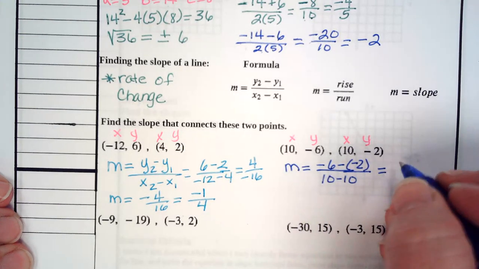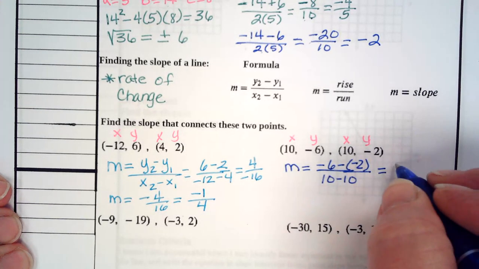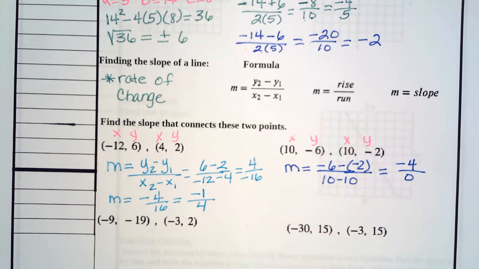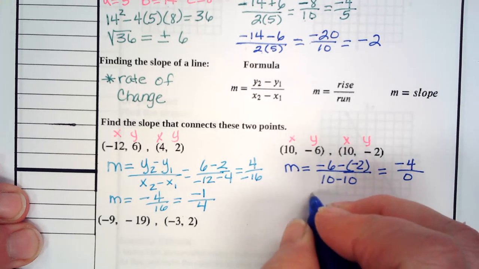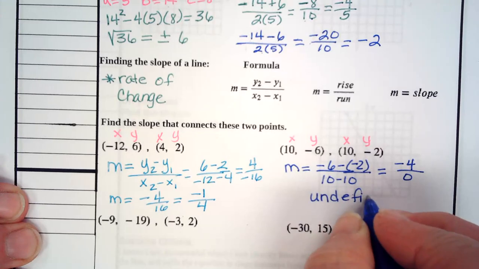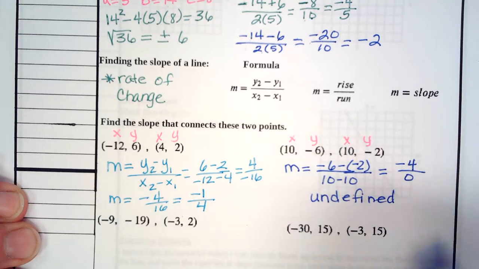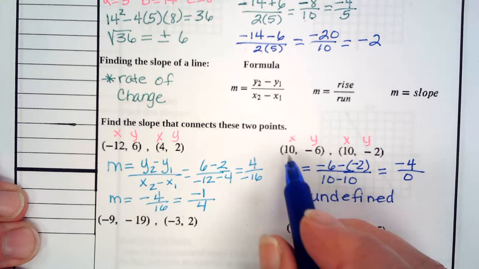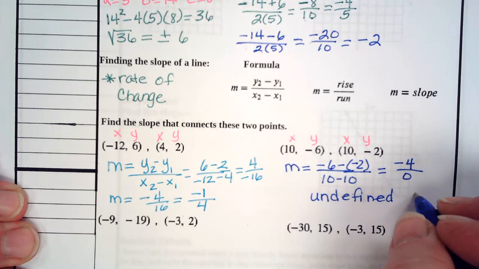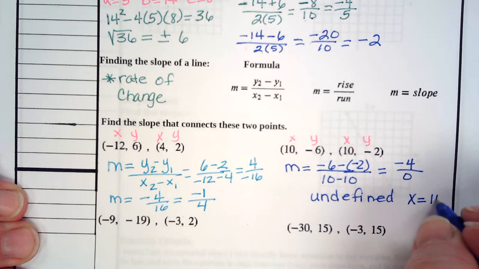Negative 6 plus 2 is negative 4 over 0. 10 minus 10 is 0. Can I divide by 0? No, you cannot. So this is an undefined slope. And if you notice, the x's will always be the same. So the equation is x is equal to 10.